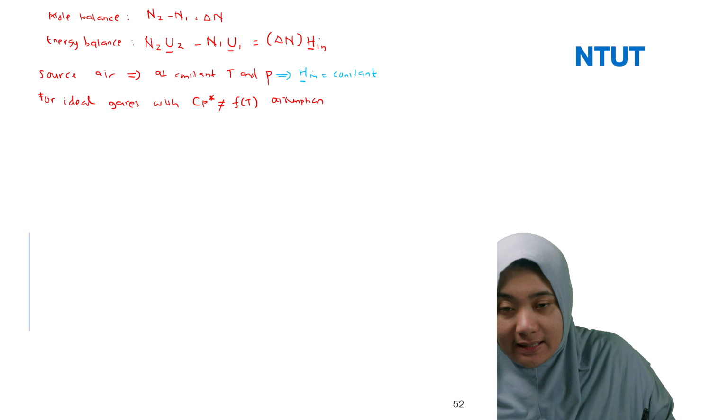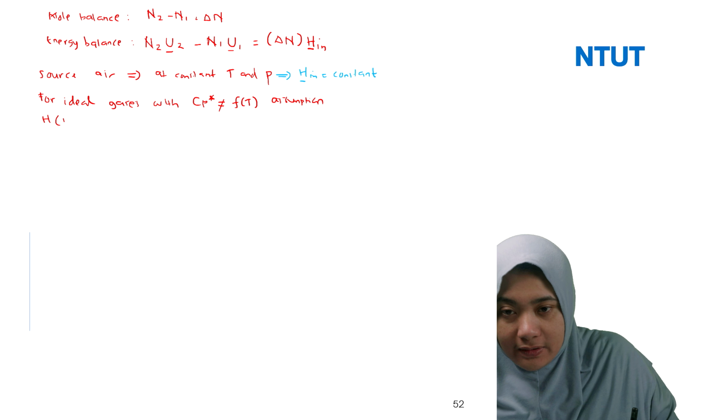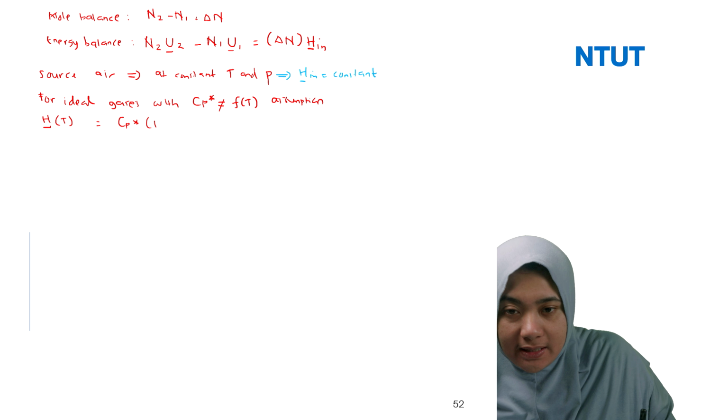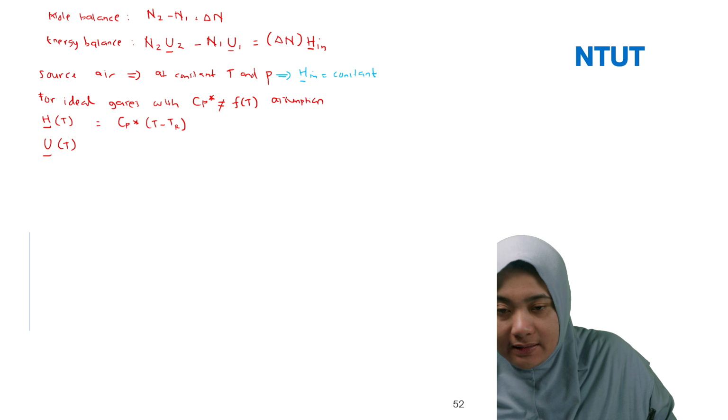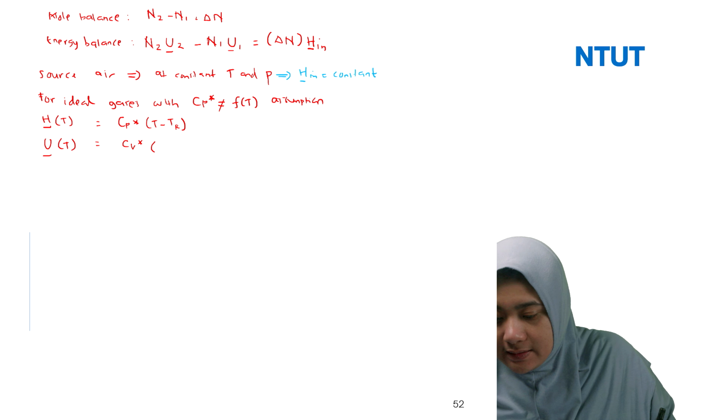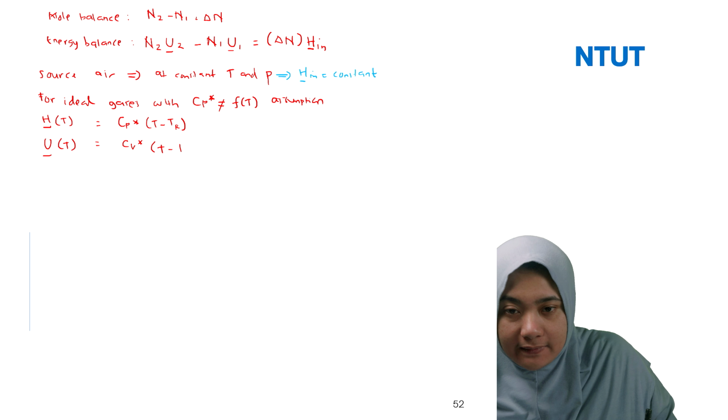because it's constant. So then we have the enthalpy: Cp asterisk, remember, T minus Tr. This we discussed before. And then for the internal energy it means Cv asterisk T minus Tr, then minus R Tr.